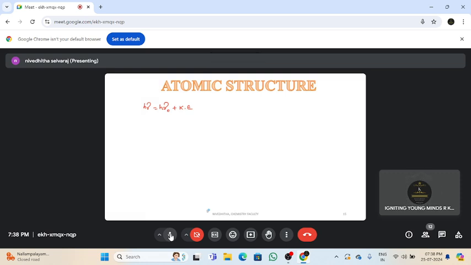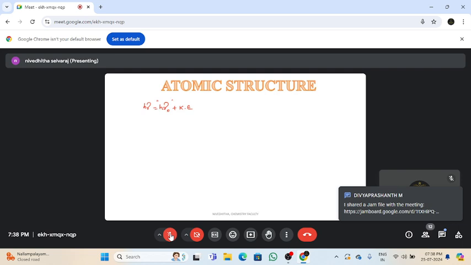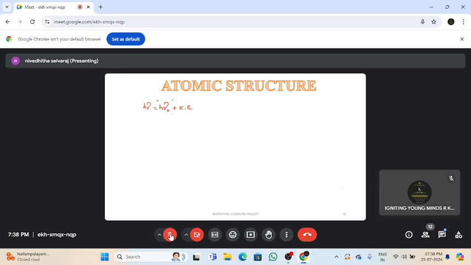Fine. So the formula was h nu is equal to h nu naught plus kinetic energy. So what is h nu naught? Basically, that is the binding energy between the nucleus and the valence electron, right? What is another term for this threshold energy or binding energy?